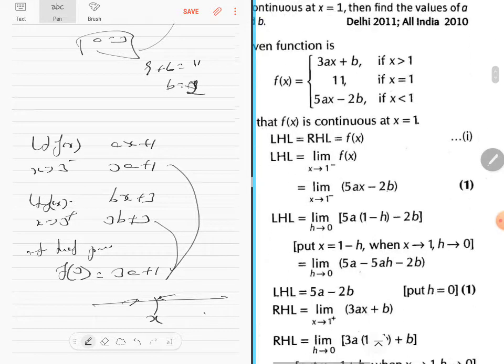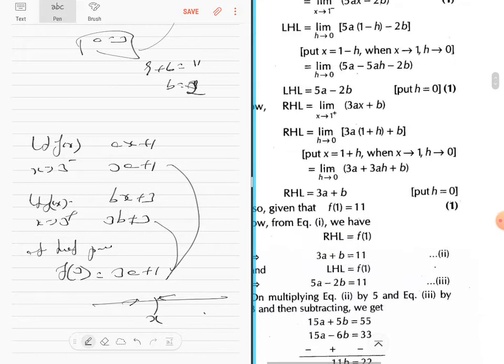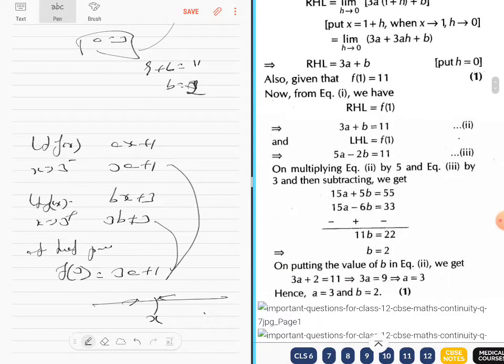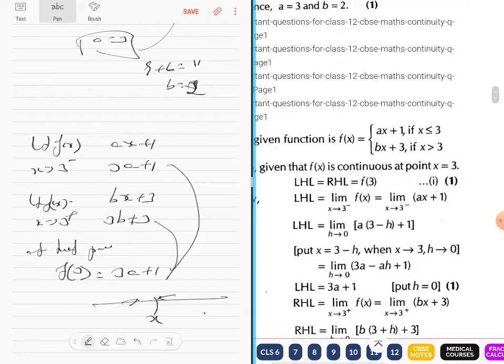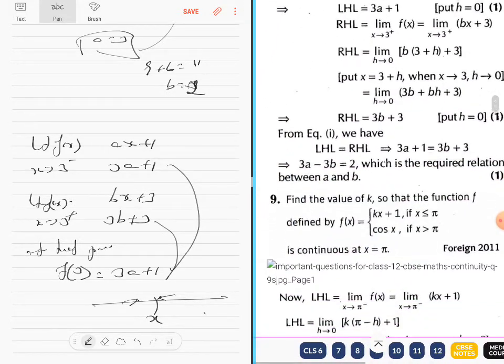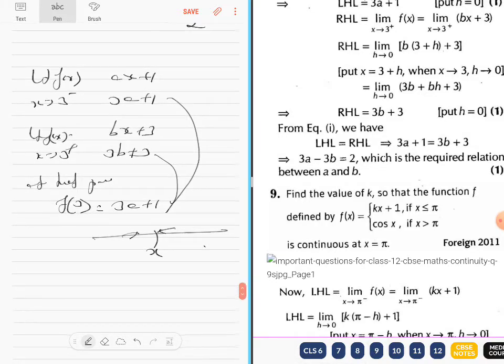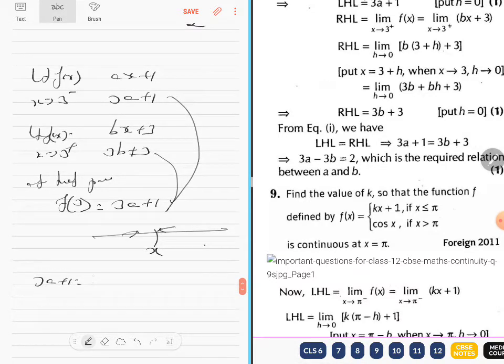But in this sum they have not specified. Continuity at 3 means x is 3. You're coming to 3 from the left, 3 from the right. So don't get confused with that part. So coming back to whatever I was doing, let's continue the sum. Whatever I get, 3a plus 1 is equal to 3a plus 1 is equal to 3b plus 3.